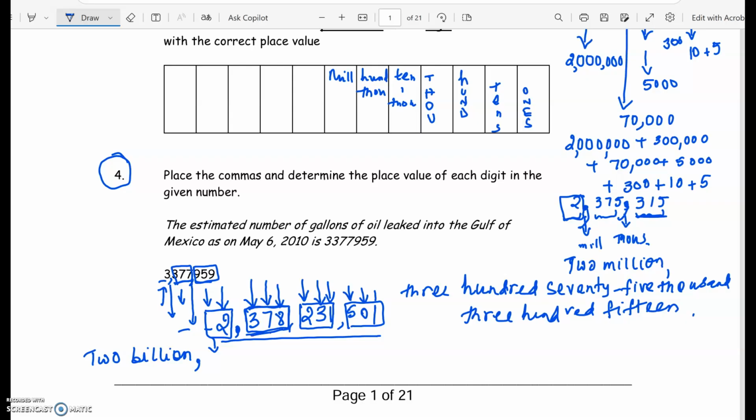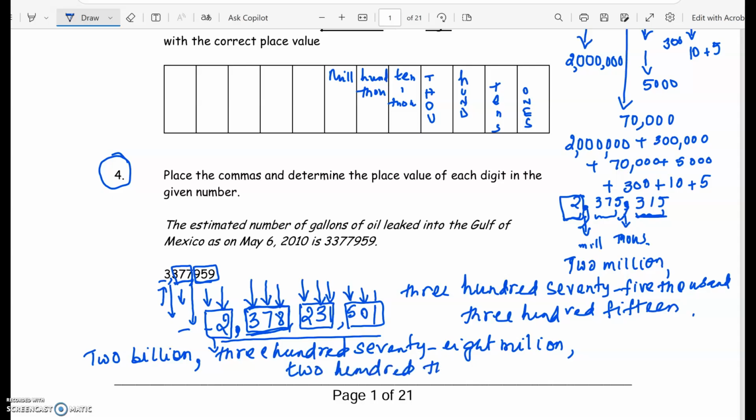So write it just the way you would read it: 378. That is 378, and then million for the next comma, 231, thousand, which is the next comma, and then the last 3 digits is 501.